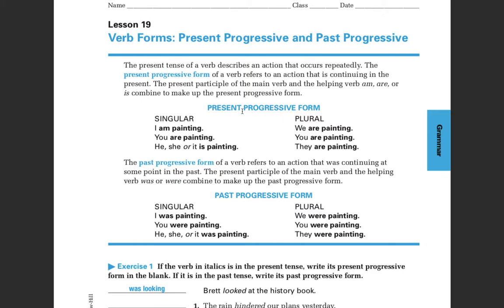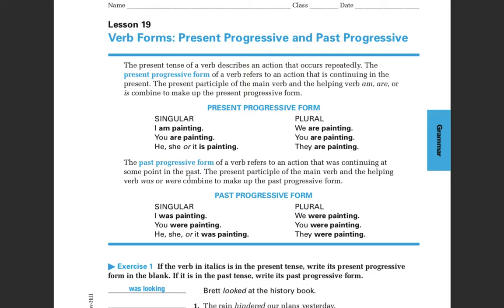Okay, how do we form the present progressive? We add verb to be in the present, so am, is, or are, and we add ing to the verb. So this is how we form the present progressive. Moving on to the past progressive, the past progressive form of a verb refers to an action that was continuing at some point in the past.